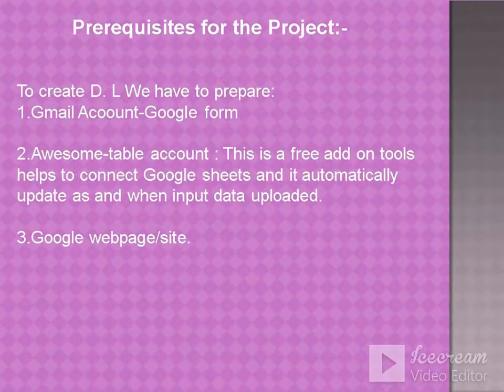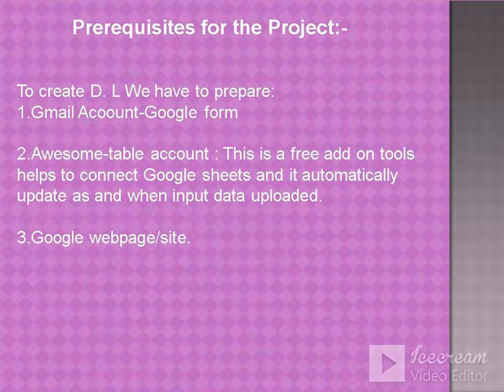Prerequisites for the project, that is creating our digital library or e-content repository. We must have the following things. First, a Google form. We have to create a Google form for teachers to submit e-content.